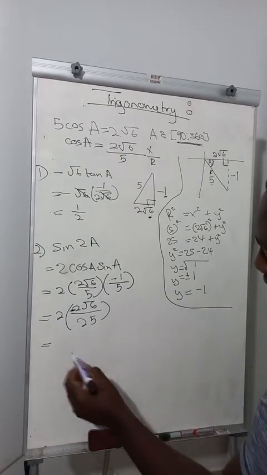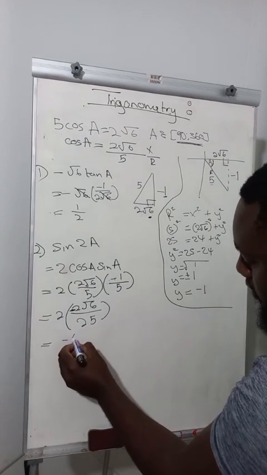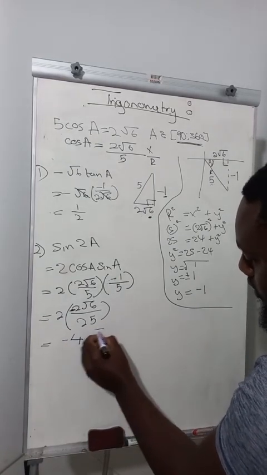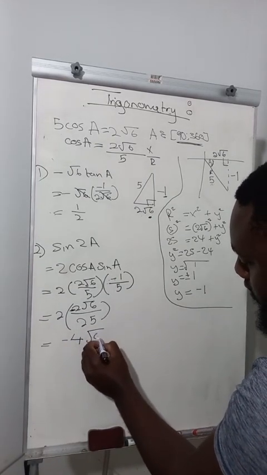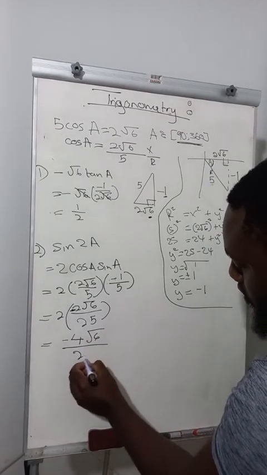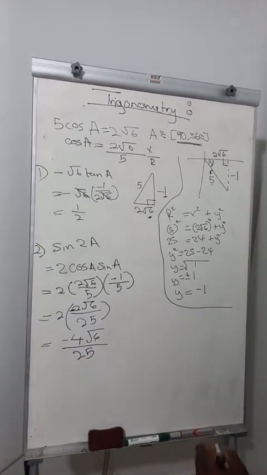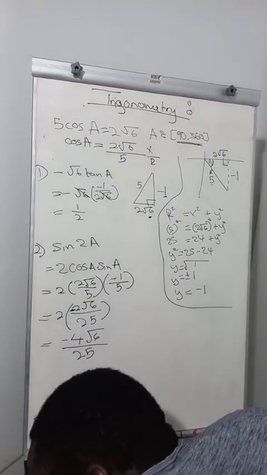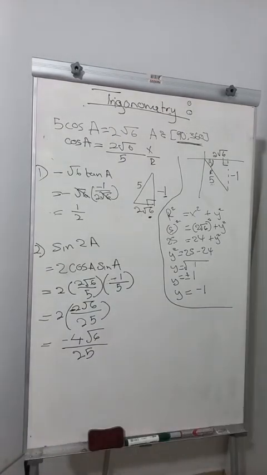Let's simplify it now. You'll just have negative 4 square root of 6, all divided by 25. I think this is it. I don't know if there are any questions for this one.